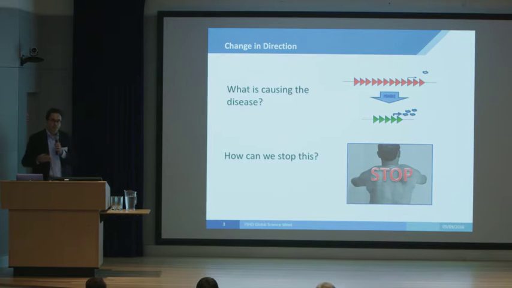And after the research field identified this mechanism, we realize we know enough about the mechanism. Sure, there are still many things that we need to understand better, but we know enough to start thinking about how can we actually stop this process or maybe even reverse this process. And to explain that better, I'm going to use a couple of slides on basic biology that may be a little bit redundant after the many other slides, but maybe somewhat useful for my presentation.